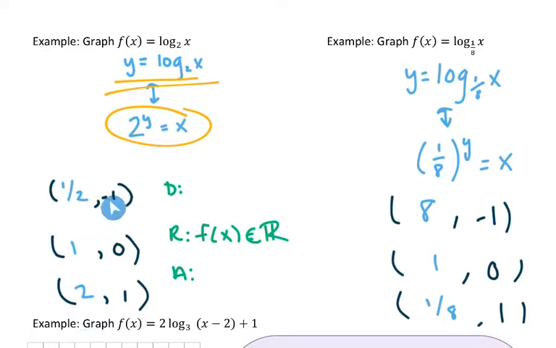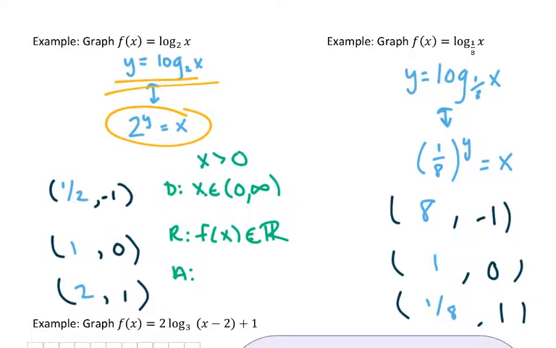If you went more negative, you're going to have 1/2, 1/4, 1/8, 1/16. Those numbers are going to get really, really tiny. They will approach 0, but they will never reach it. So your domain is going to be x as an element from 0 to infinity. And yes, if you want to write x is greater than 0, that would be fine too.